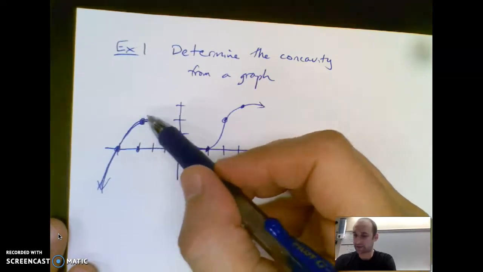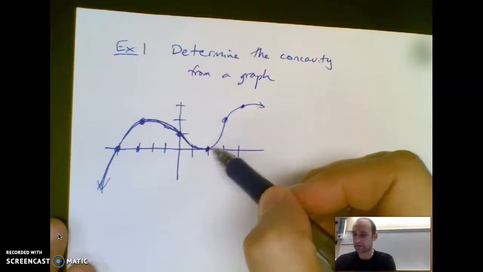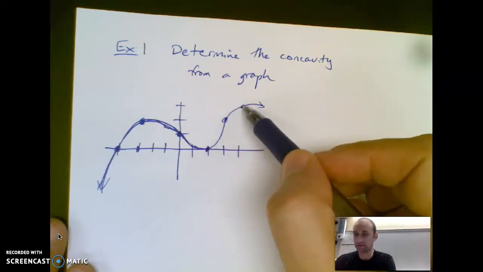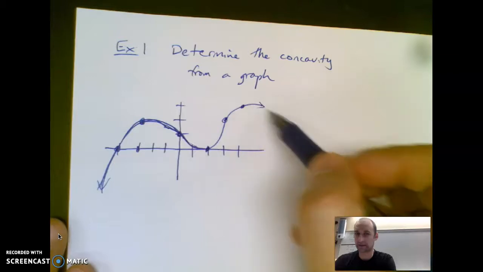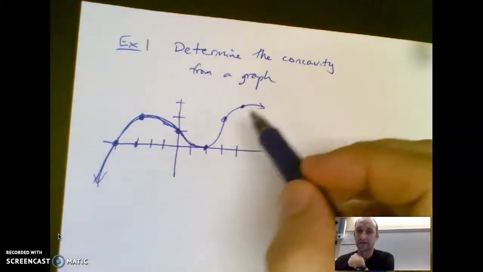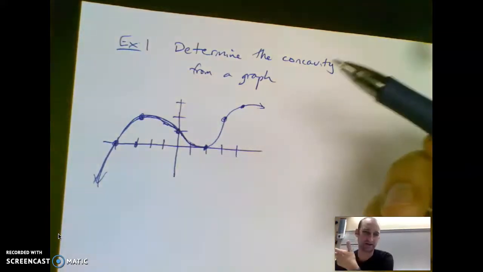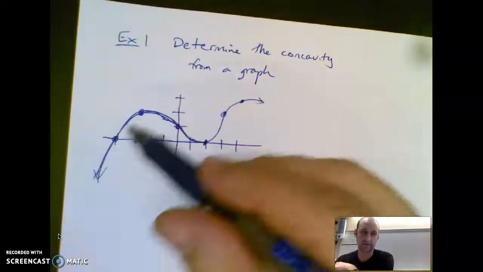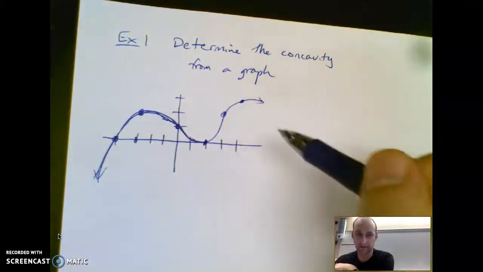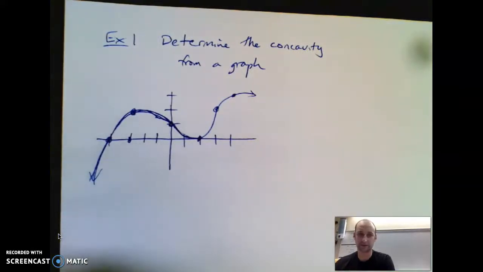And then from -3 to 2, it's going down. From 2 to 4, it's going up again, and then it starts going down again. So if I asked you to determine the increasing or decreasing from a graph, that wouldn't be that hard. You're just like, am I going uphill or am I going downhill? Uphill, downhill.